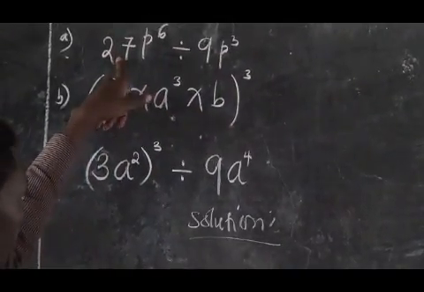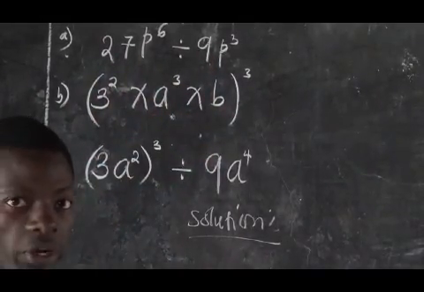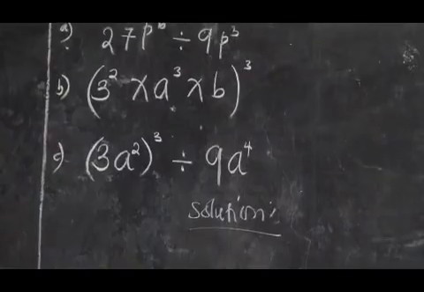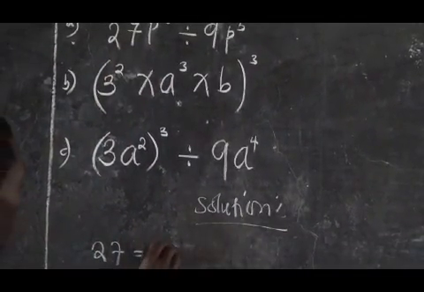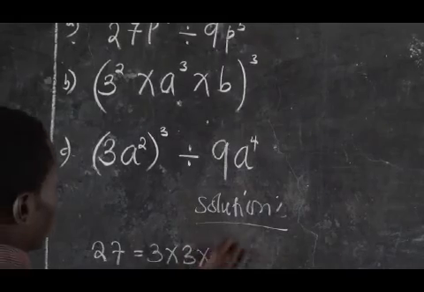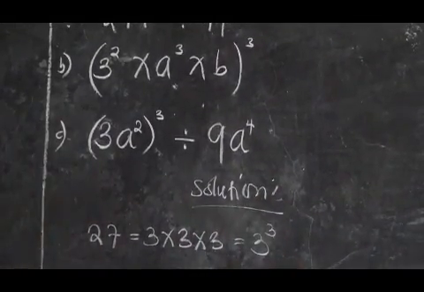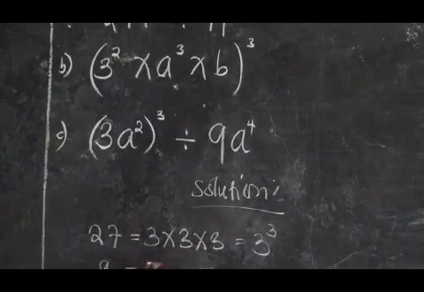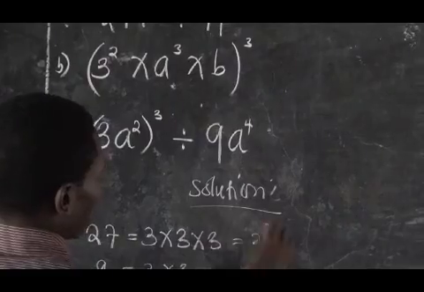Now here we know 27 and 9 are all multiples of 3. Now we're going to try this. So we know that 27 is equal to 3 times 3 times 3. This is 3^3. And also 9 is equal to 3 times 3, which is equal to 3^2.